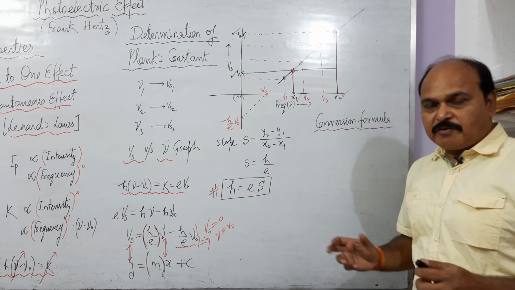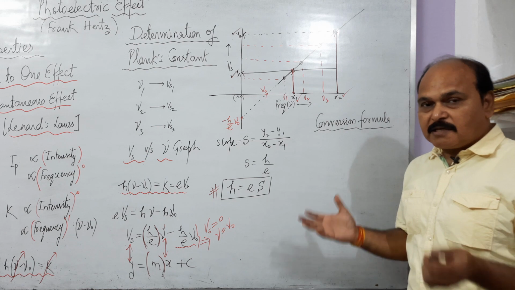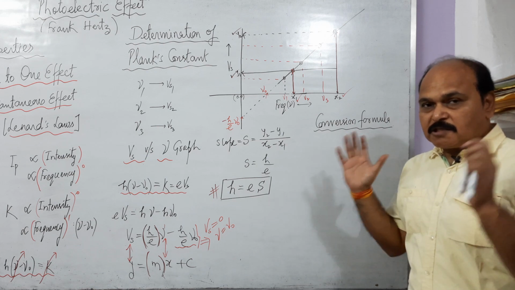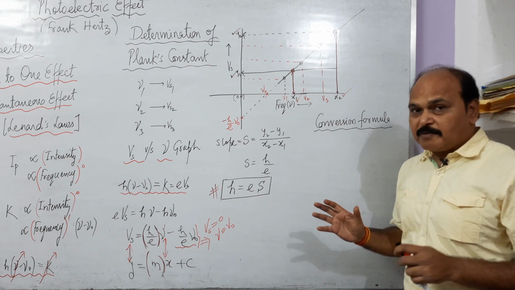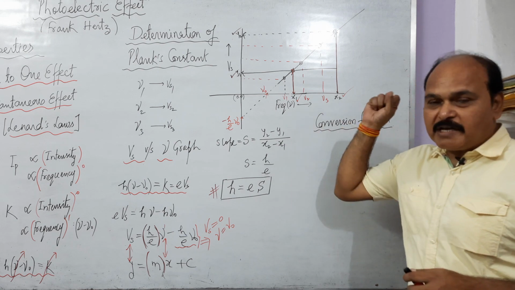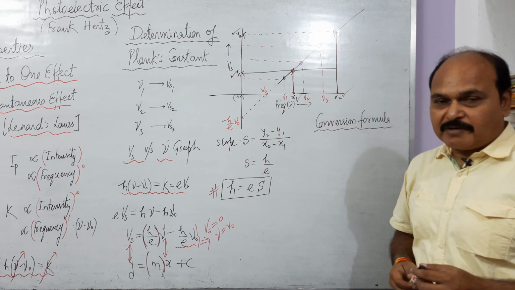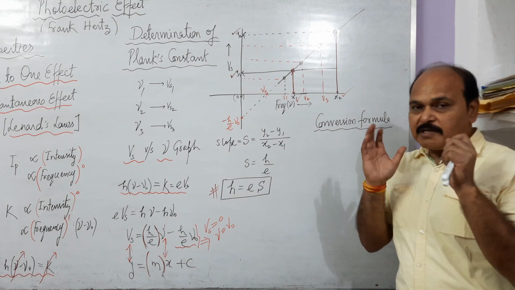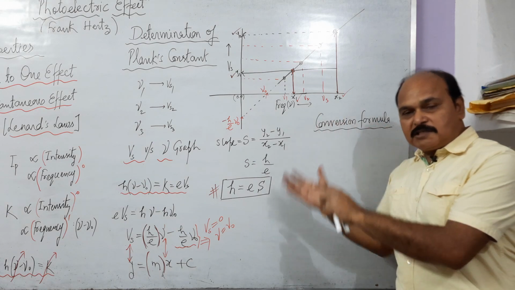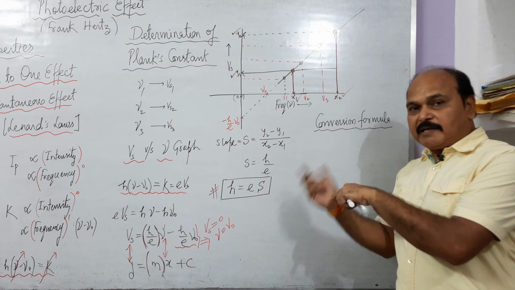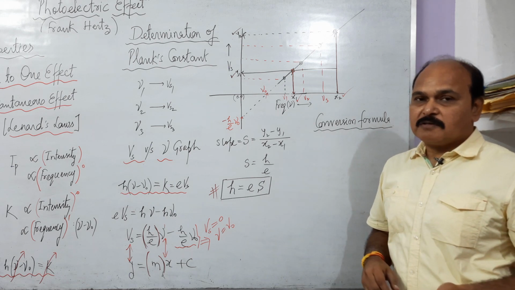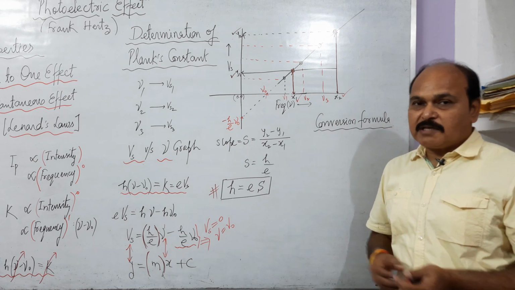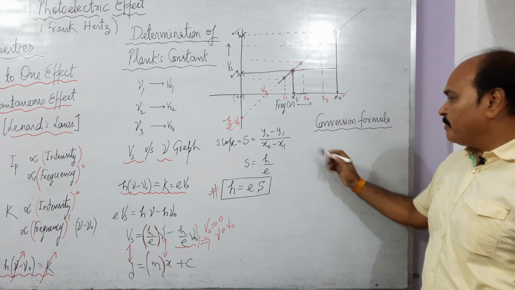So children, before we wind up the class, let us see a conversion formula. This conversion formula is a very, very important formula, and it is used in almost every numerical of the photoelectric effect. With the help of this conversion formula, we can convert the energy of a photon into its wavelength, or the wavelength of light into the energy of a photon. This conversion can be done using Planck's hypothesis.